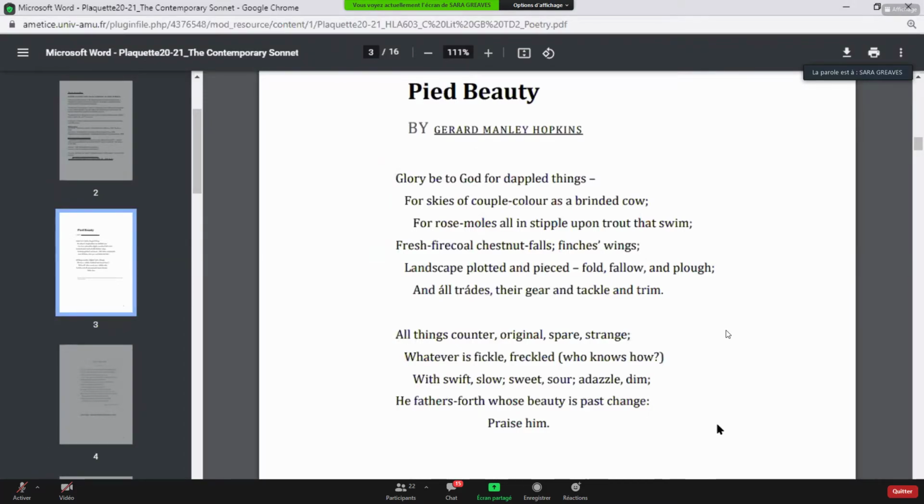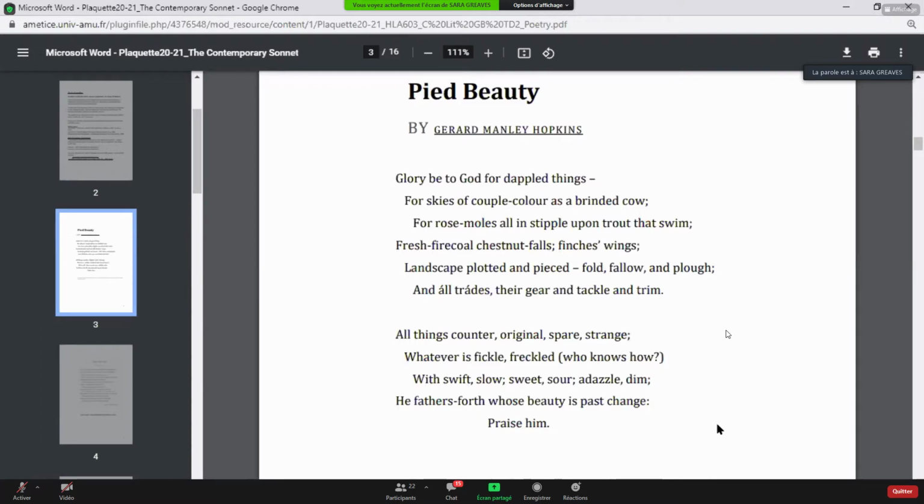Glory be to God for dappled things, for skies of couple-colour as a brinded cow, for rose-moles all in stipple upon trout that swim, fresh-firecoal chestnut-falls, finches' wings, landscape plotted and pieced, fold, fallow and plough, and all trades, their gear and tackle and trim.